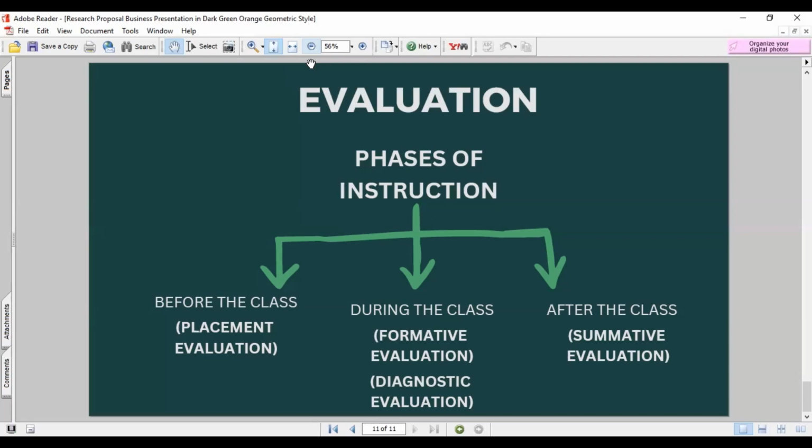Now we come to after the class, summative evaluation, which is certainly the most standardized and the most formal way of evaluation, which is rigorous, and the grades can be direct or indirect. It can be directly that in discipline you're getting A, in mathematics you're getting B. Similarly, sometimes on the basis of marks, indirectly you get the grades.